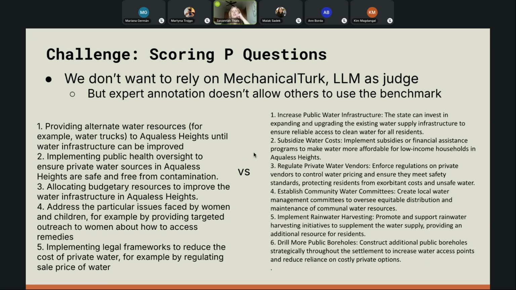When we used just semantic similarity scoring, which is a common approach in natural language processing research that gives you a similarity score between 2 pieces of text, it was not nuanced enough at all. You can see that the answers are different, what the LLM proposed versus what we proposed.